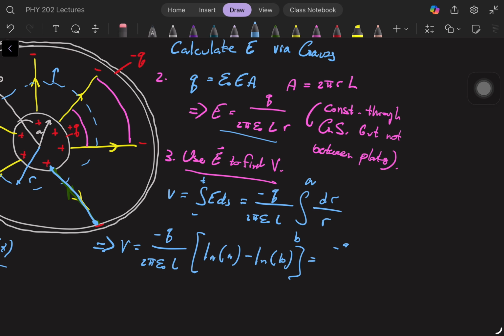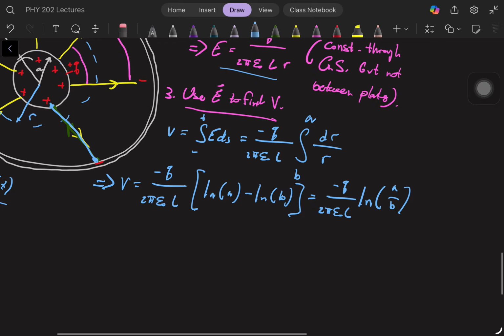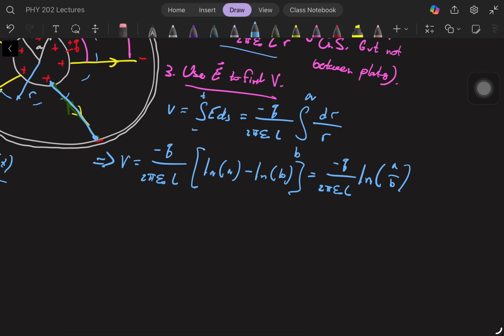And so we get negative Q over 2 pi epsilon naught L times ln A over B. And if we want to get rid of the minus sign, we can just kind of flip A and B, right? Because if we moved these around, then that's the same as multiplying by negative 1, which gets rid of our minus sign. And so we get V is equal to Q over 2 pi epsilon naught L times the natural log B over A.